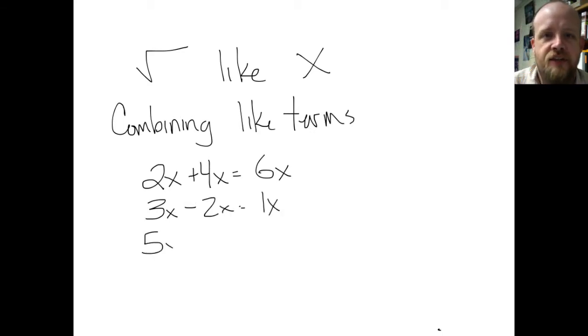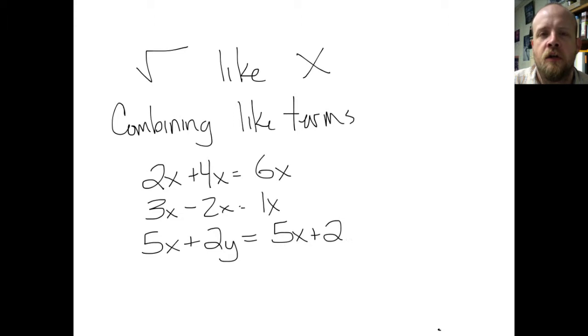And 5x plus 2y, well, that just gives us 5x plus 2y. When we're looking at this, we're simply looking at what matches. In this case, 2x and 4x and 3x and 2x, they share that x term. They're the same. In the third example, we have an x and a y. They're not alike. They can't be combined.